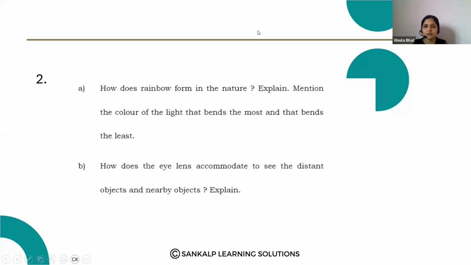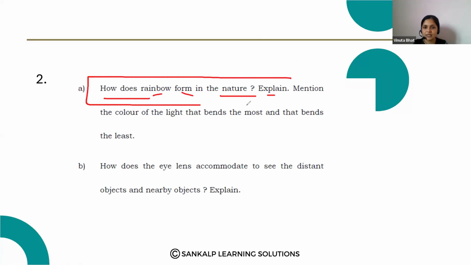Next question: how does a rainbow form in nature? Explain. That is the same question which is repeated here. Then: mention the colors of the light that bends the most and bends the least. That is the second question, a 2 mark question.